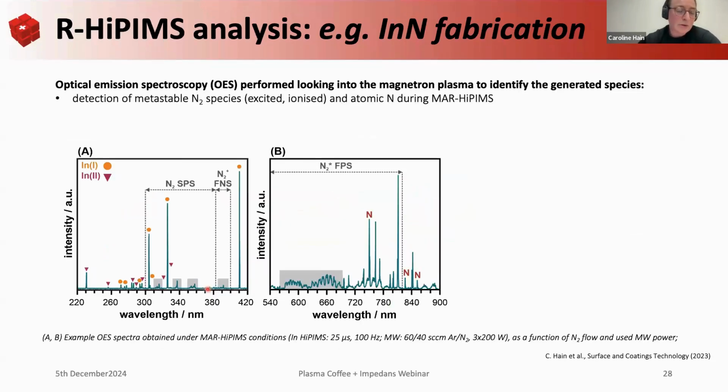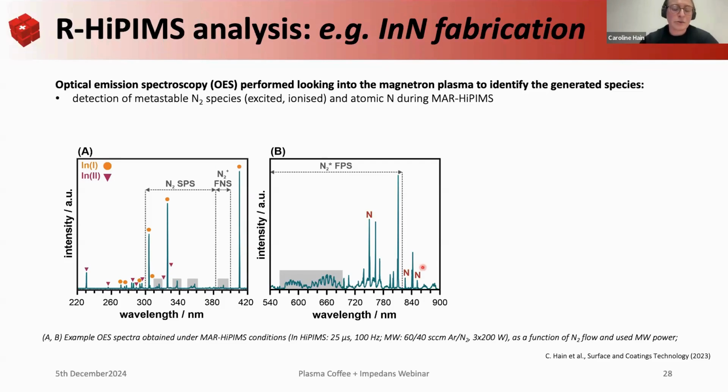Another method that we can use to try and understand what's happening in our discharge is optical emission spectroscopy, where we can identify what kind of species are generated. Of course we can look at indium states, atomic indium and ionic indium, but what's interesting for us is to look at nitrogen species: molecular nitrogen, ionized and excited, and also atomic nitrogen.